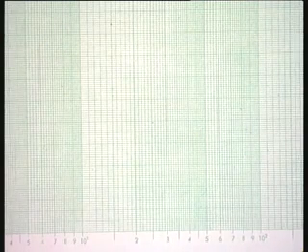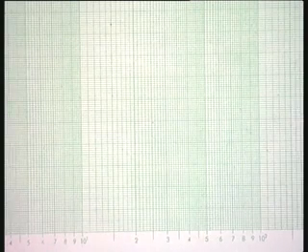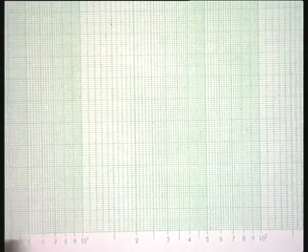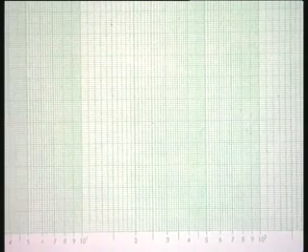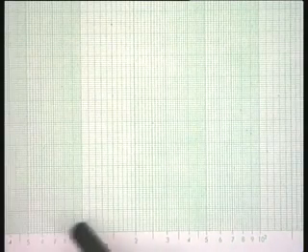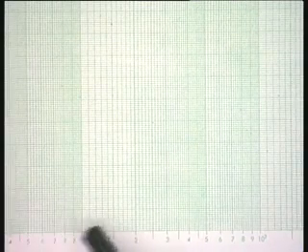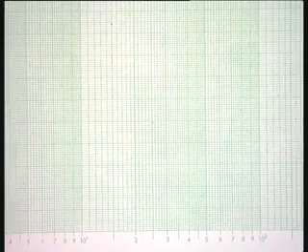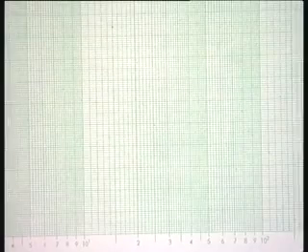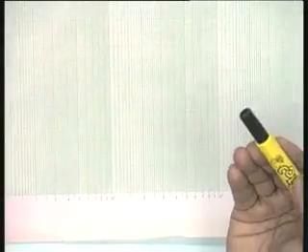So, a question can come to anybody's mind: if one could take the frequency this way, so that the log of that frequency is automatically taken on this scale, then why not take a log paper so that the magnitude which is available to me, the log of that magnitude with a factor of 20, can be taken on this scale.